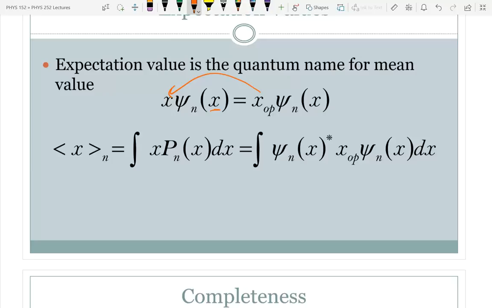Mathematically, psi mod squared is our weighting factor for position. So I take this position times the probability of that position and sum that up over the entire range. The sum of the probabilities is 1, so I don't have to divide by anything. That's how I find the expectation value, the average position, if I make a lot of measurements.